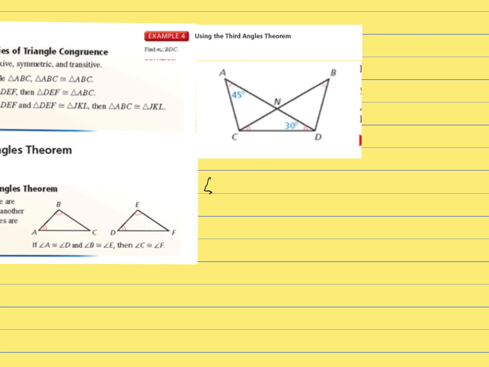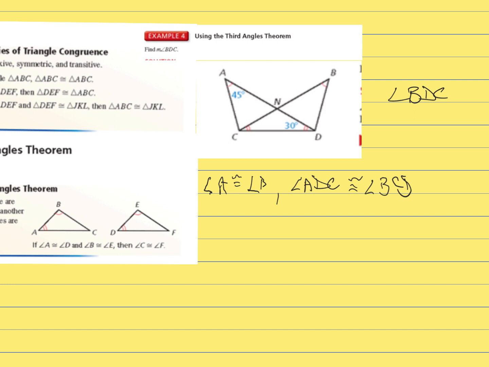So we know that angle A is congruent to angle B, and triangle ADC is congruent to triangle BCD. All right, and we want to find the measure of the missing angle. So we want to find BDC. So we're looking for angle BDC, which is here.